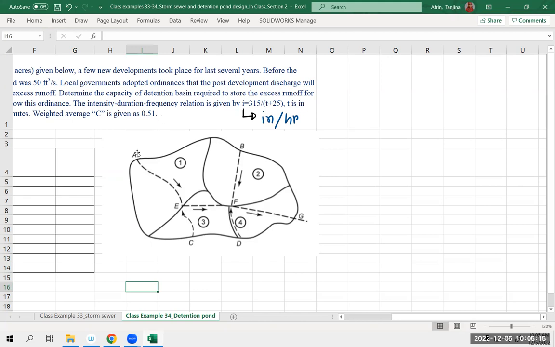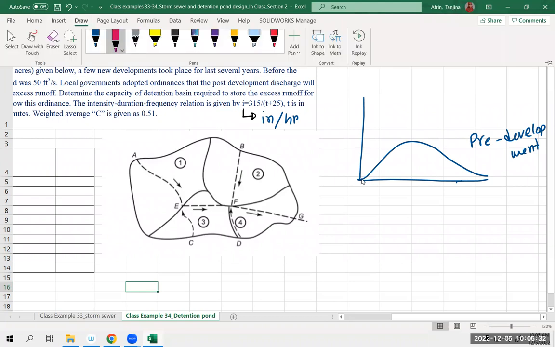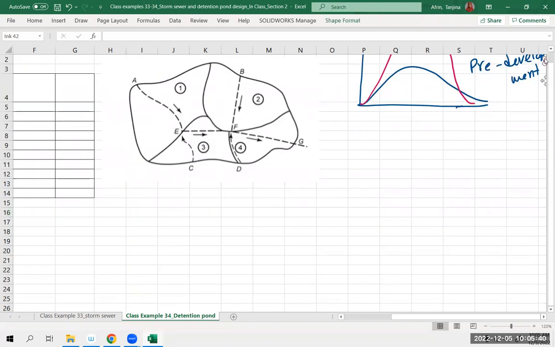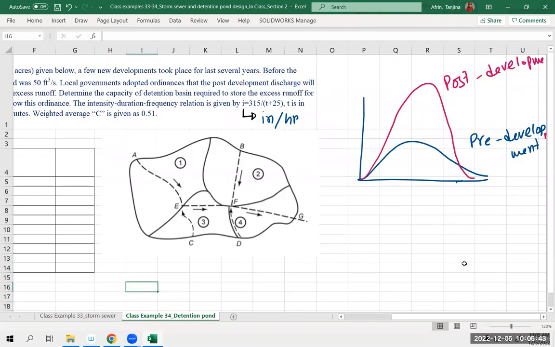Okay. Now, for this area, that was the pre-development. And after this construction, obviously, the hydrograph will be the post-development runoff. The pre-development total was 50 cubic feet per second.